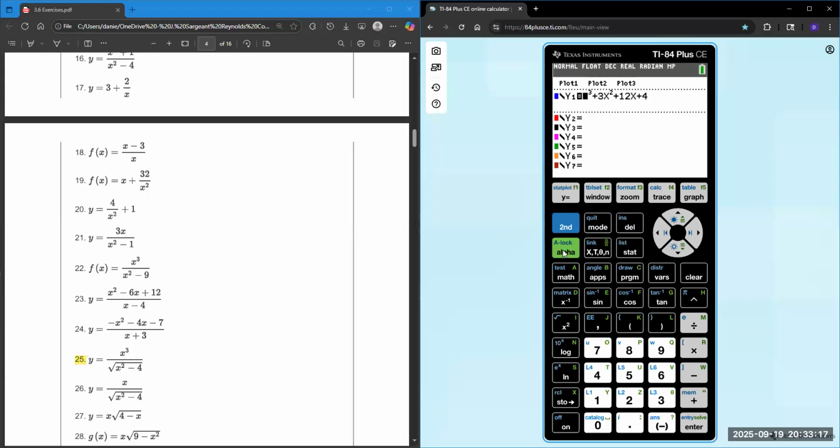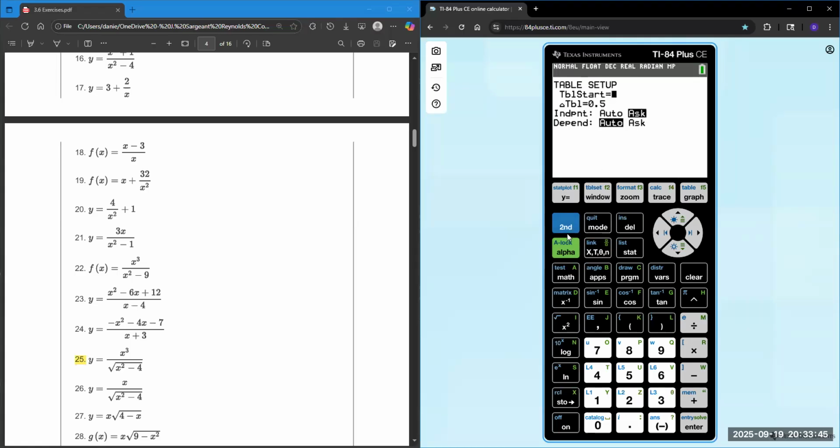So my function y prime equals n over d, 2x squared times x squared minus 6 all over x squared minus 4 raised to the 3/2 power.